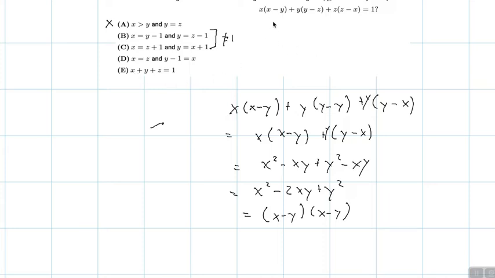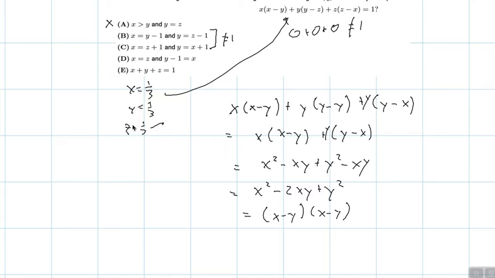But if x, y, and z equal 1/3, and we plug that in here, all of these terms are going to evaluate to 0, because we have a third minus a third, a third minus a third, a third minus a third, which is not equal to 1. So that one won't work.